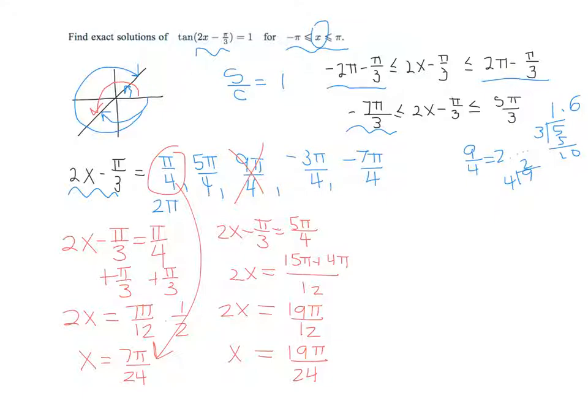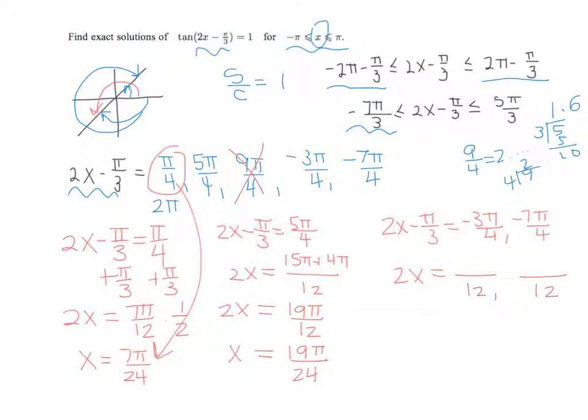Alright, now we have two more angles, so I'm going to do it all at once. 2x minus pi over 3 is equal to negative 3 pi over 4 and negative 7 pi over 4. So by adding pi over 3 on both sides, you get over 12 and over 12.